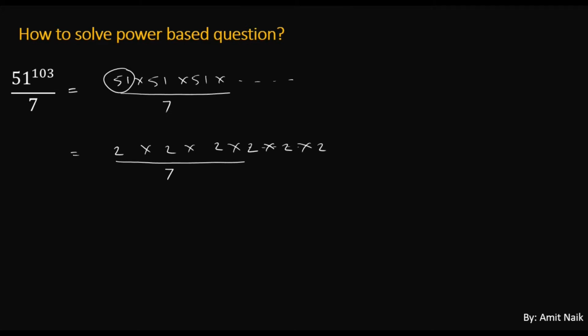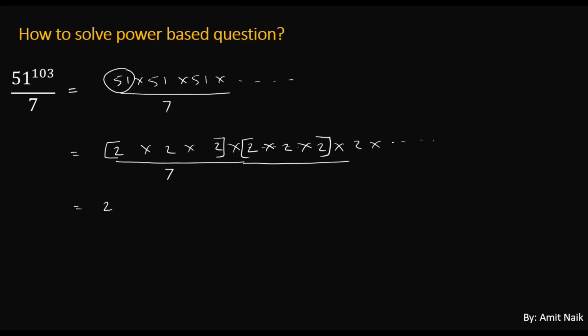Now there's a reason why I'm writing this 2 these many times. Now see, 2 is not helping us, right? I cannot multiply 2, 103 times. So as we did in the previous question, we will try to get 1 or minus 1 in the numerator. Now see, if I form a group of 3 2's together, that gives me 8, isn't it? 2 into 2 into 2 is 2 cube.